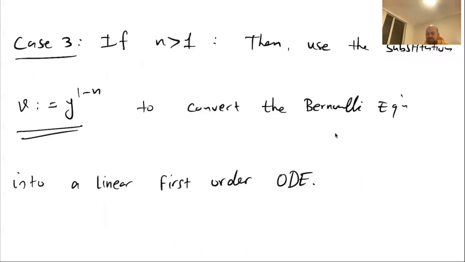The type of substitution we need is v equals y to power 1 minus n. Please remember it because it's hard to come up with it during the exam. So please just remember that we have to use this type of substitution, v equals y to power 1 minus n, in order to convert it into a linear first order ODE.